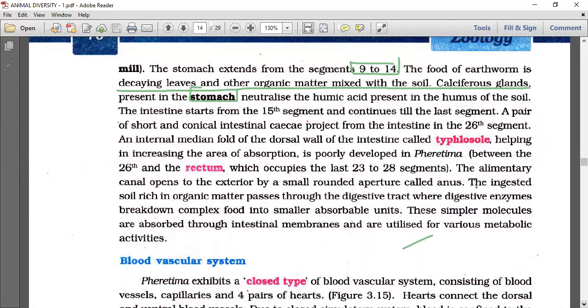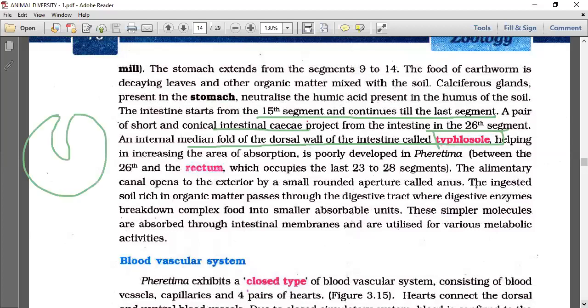The intestine starts from the 15th segment and continues till the last segment. It contains three portions, we said. A pair of short conical intestinal caecae projects in the 26th segment. An internal median fold of the dorsal wall of the intestine is called the typhlosole. Just visualize, you'll understand better.